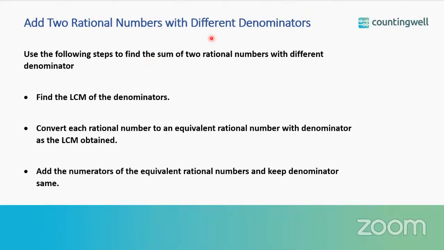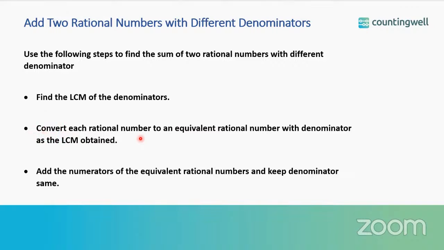Add two rational numbers with different denominators. We have to follow these steps to find the sum of two rational numbers with different denominators. The first step is to find the LCM of the denominators. We'll see how using one example.